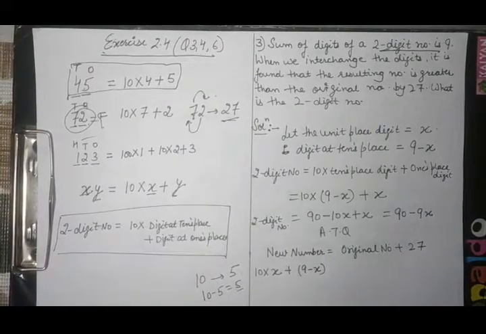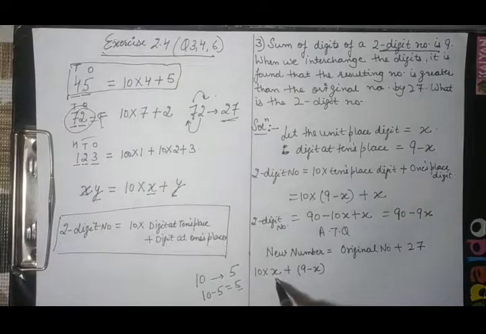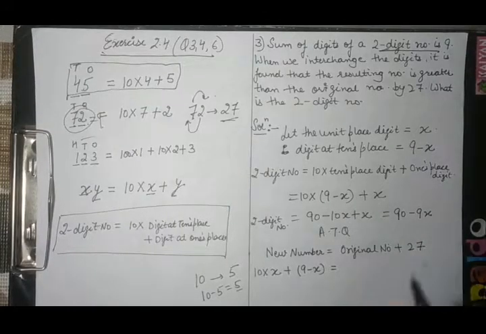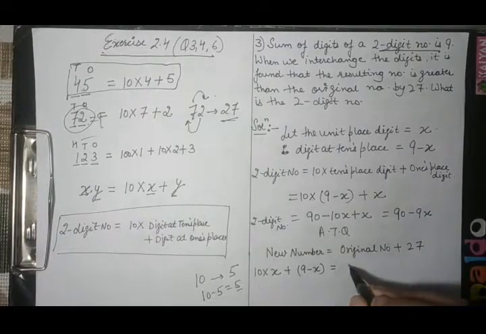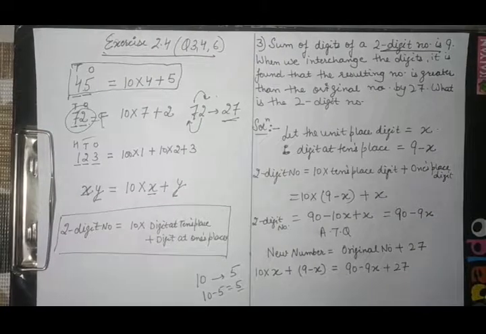So like this we will find our new number. 10 into x plus (9 minus x), that is ones place digit, equal to original number. What was original number? Original number was 90 minus 9x, plus 27. So like this we have found the equation.